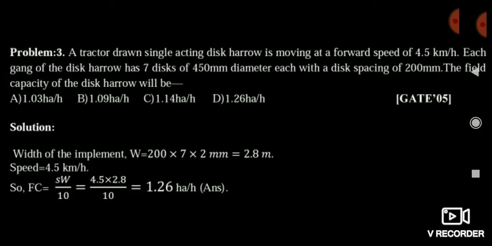So we will calculate the width of each gang by 7 into 0.2, that is 2.8 meter is the width of each gang. Now friends, speed is given, that is 4.5 km per hour. So you should calculate the field capacity, that is Ws by 10, and you will get the answer, that is 1.26.